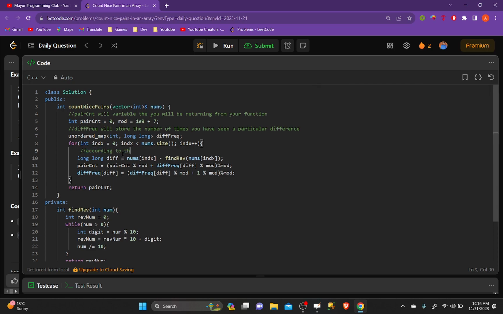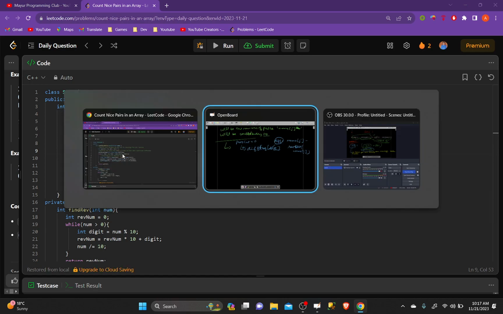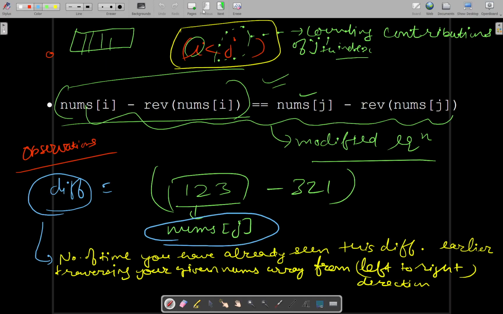According to the modified equation. And what is the modified equation? This one is the modified equation.